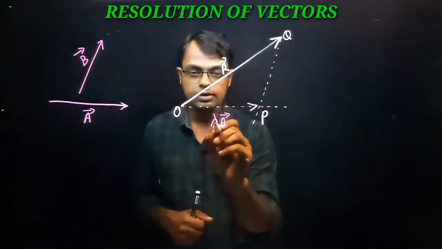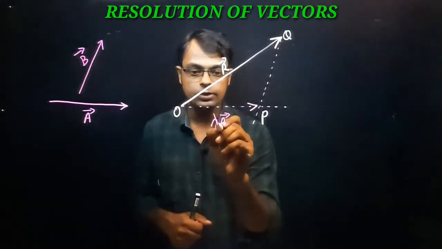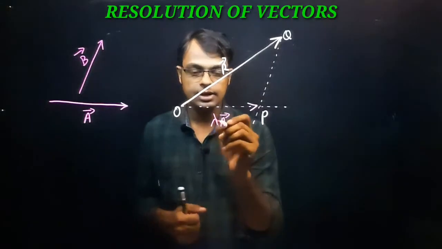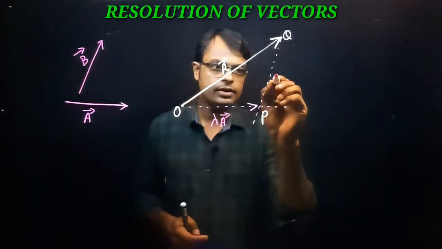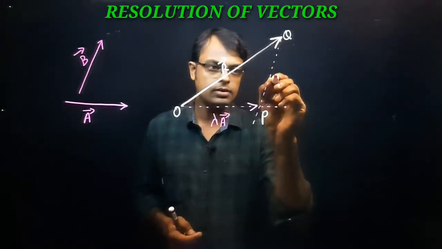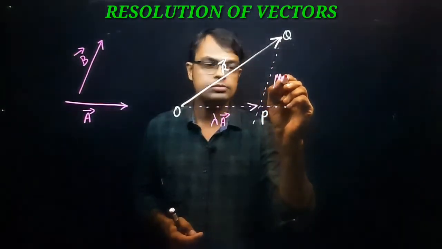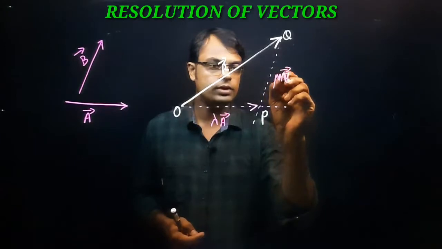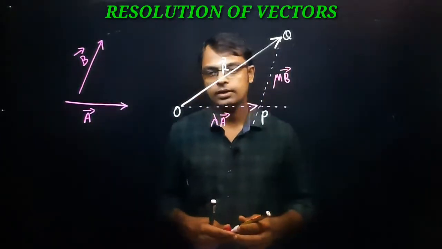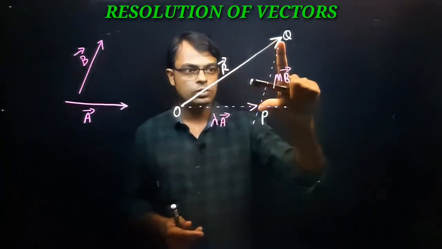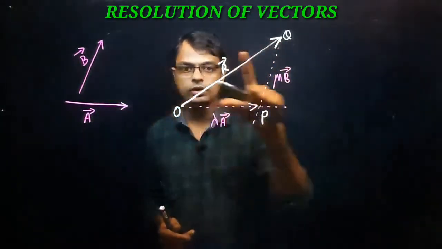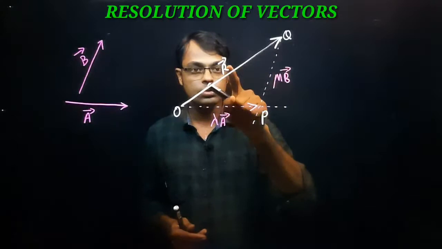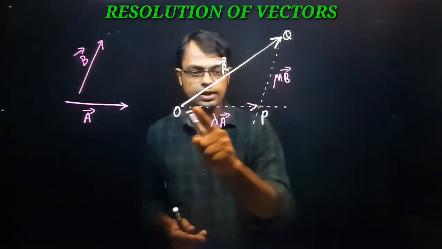So we are multiplying with a non-zero value, that is lambda. It's a real number. Lambda times A vector. And here we can write, as a real number, say mu times B vector. Mu times B vector. So this is not the B vector; we have drawn it in the same direction as B vector. And we are going to resolve this R vector along B vector and A vector.